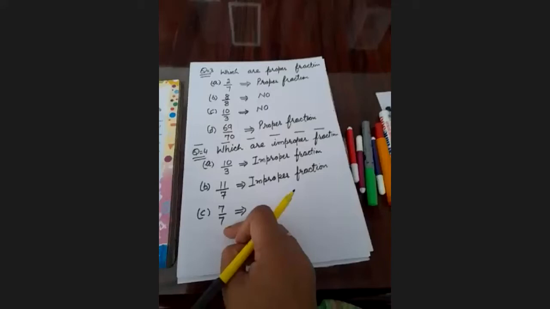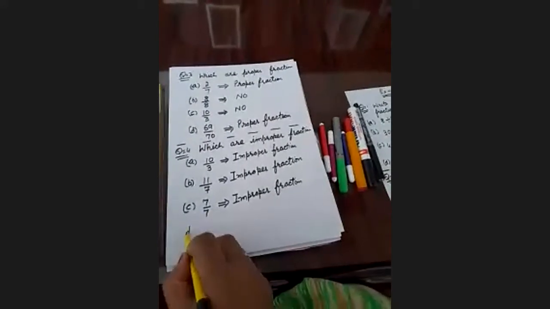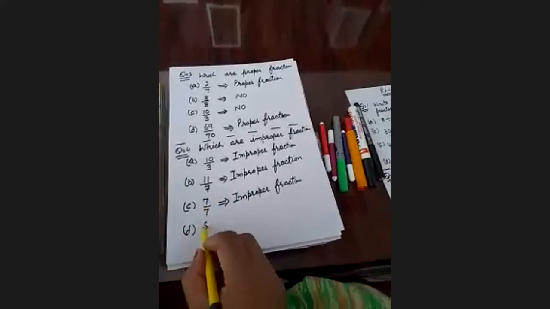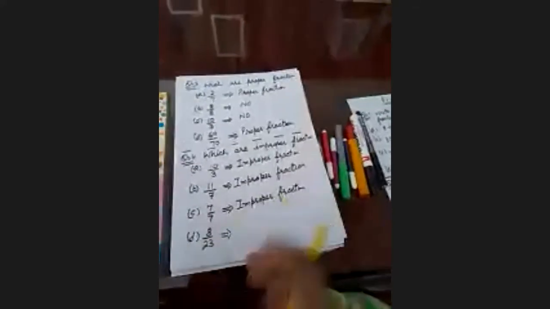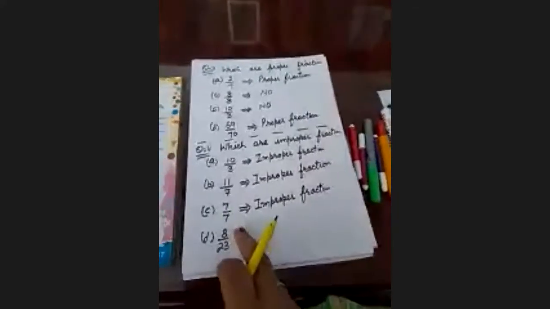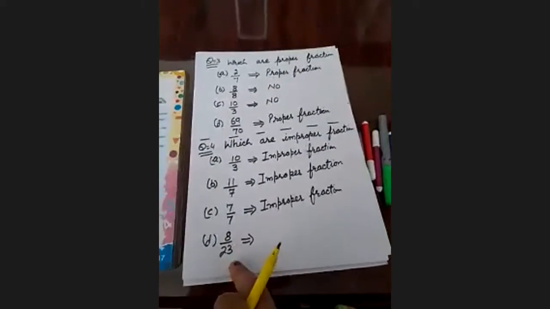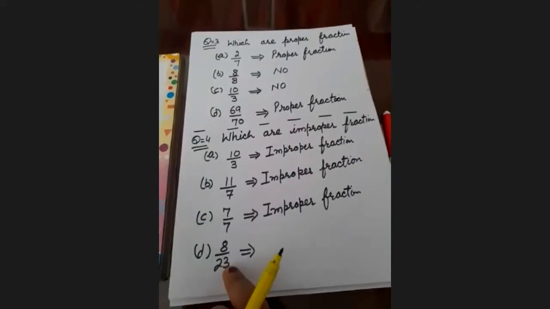Next is D part, 8 upon 23. Now friends, 8 upon 23. Now numerator is 8 and denominator is 23. 8 is less than 23.